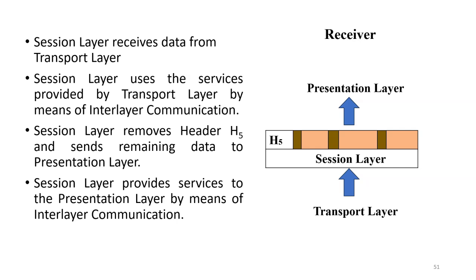So communication between the transport layer and the session layer is known as interlayer communication, and communication between the session layer and the presentation layer is also known as interlayer communication. So let's see the responsibilities or services associated with the session layer.